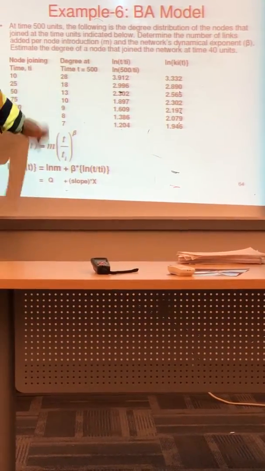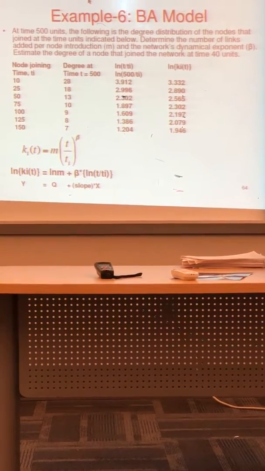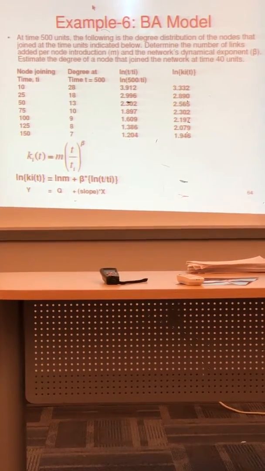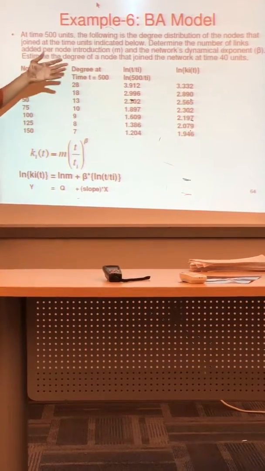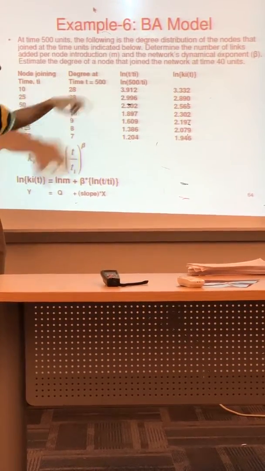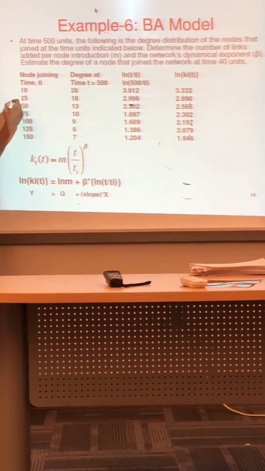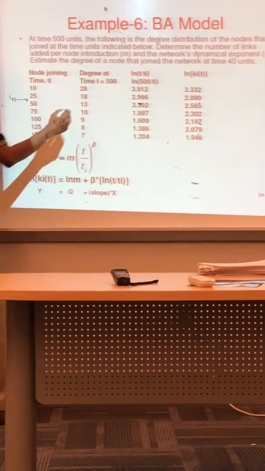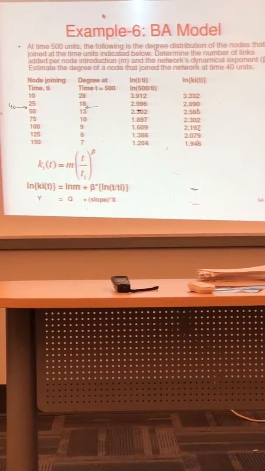So m, the parameter m, which is the number of new links, and the exponent beta. After we find the two, we can also find the degree of a node that joined the network at time 40. We want to estimate what would be its degree at time 500 units.